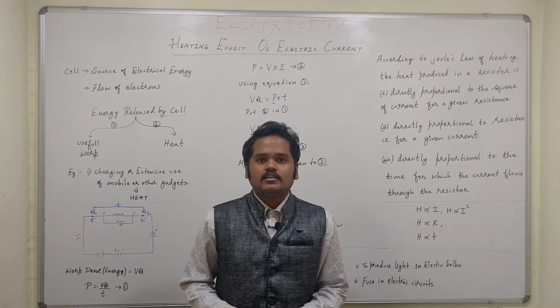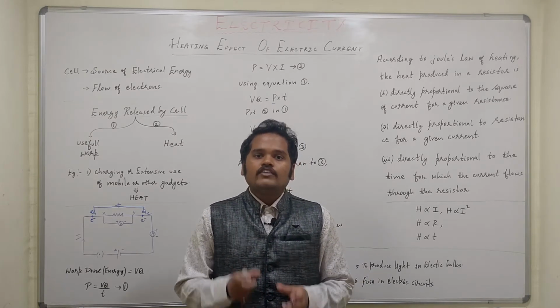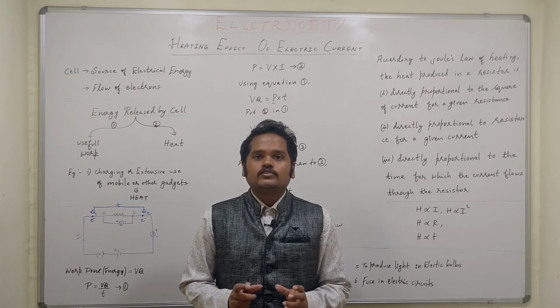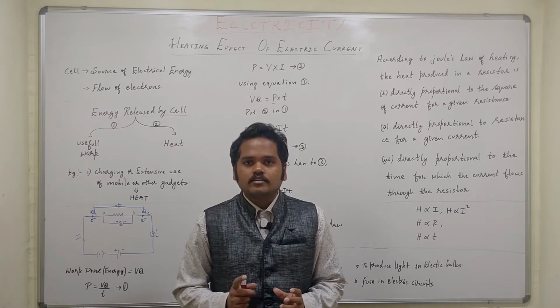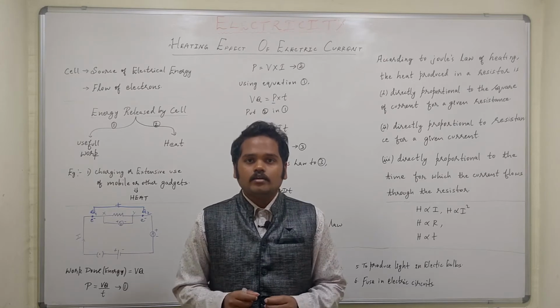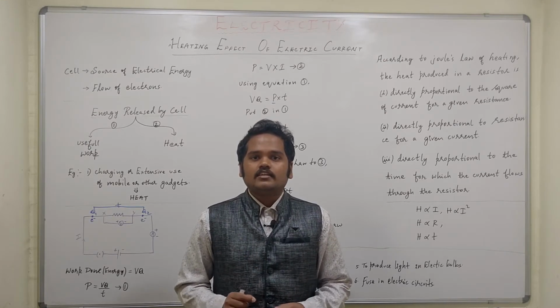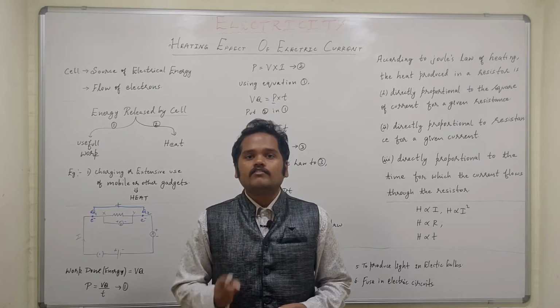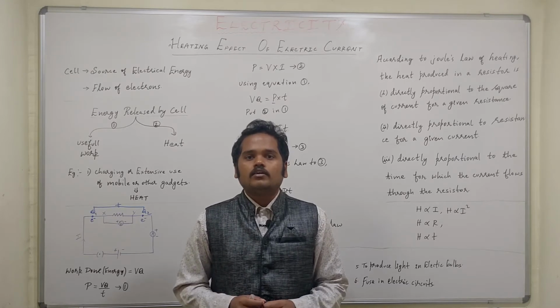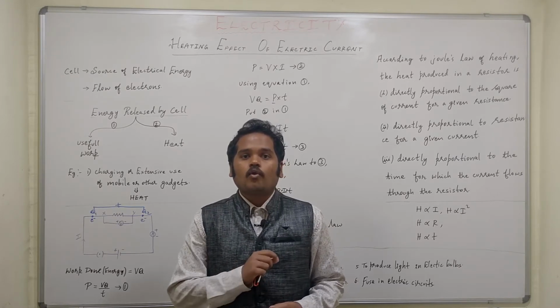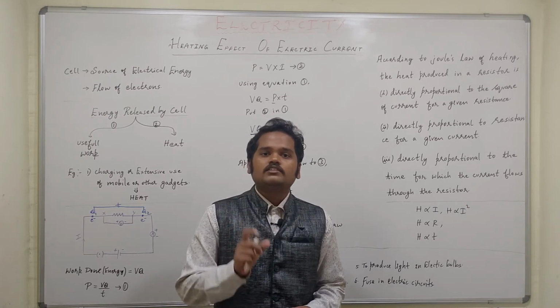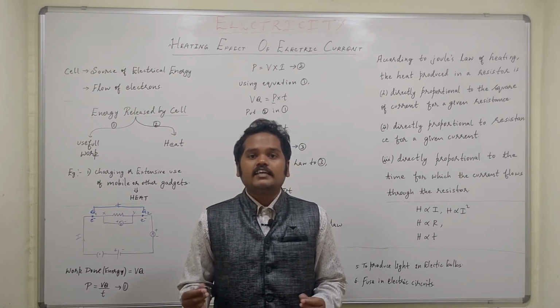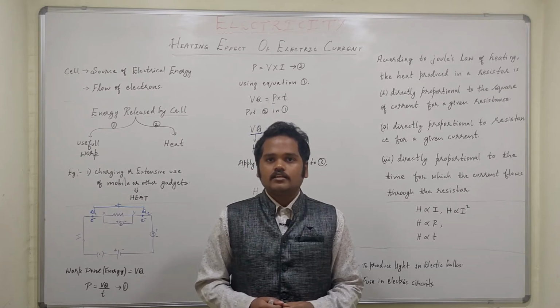A part of the energy released by the source, the cell, is used for rotating a fan or lighting a bulb. You will notice that if you leave the fan or the bulb to run for a longer time, 6 to 7 hours, then when you touch the fan or bulb, you can feel heat.